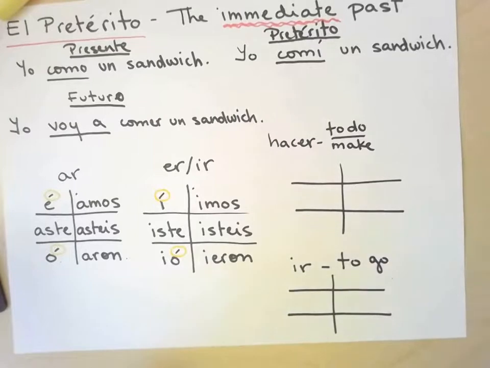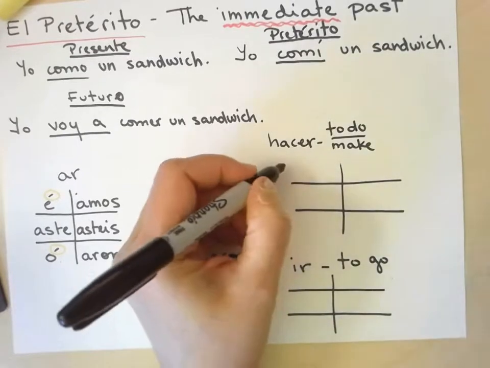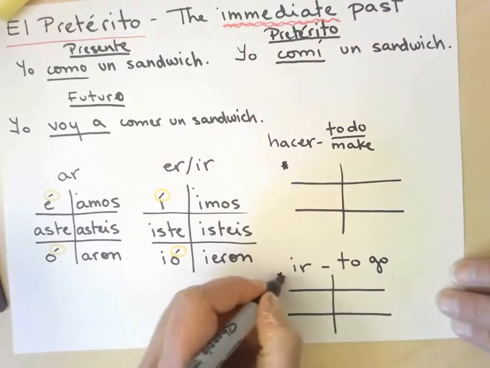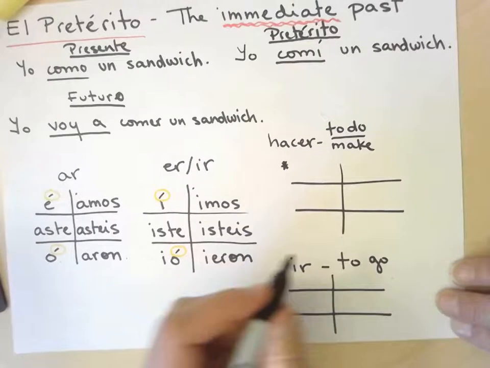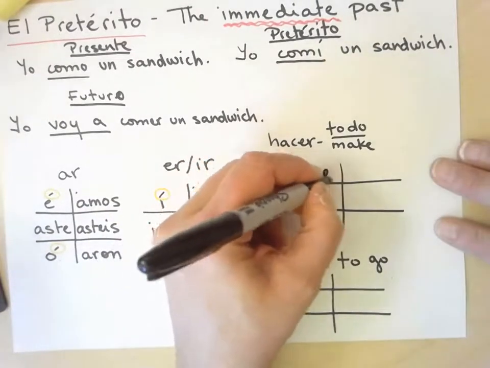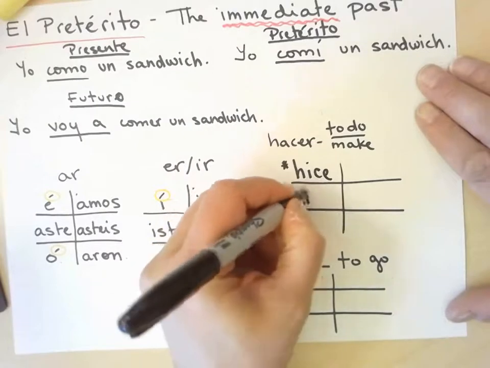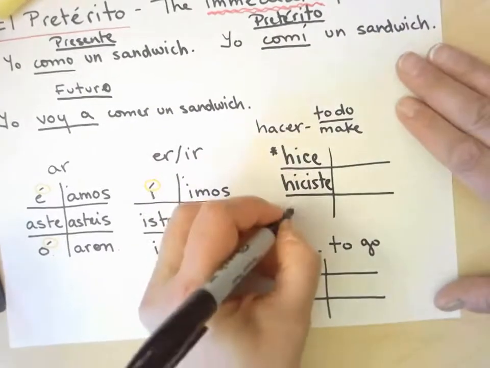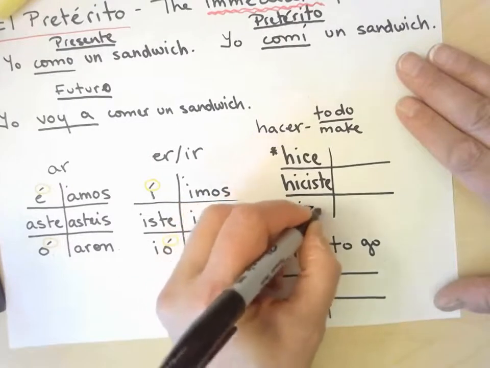Why am I doing them separate? Because they're a little bit irregular, and so we kind of have to just learn these. Though in español, as I always say, even if something is irregular, if you learn the yo, you are good to go. Just follow the pattern for the rest. So let's do hacer. Yo hice, tú hiciste, él y usted hizo.